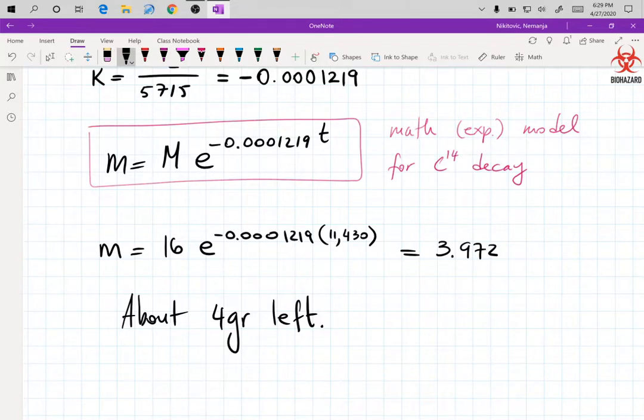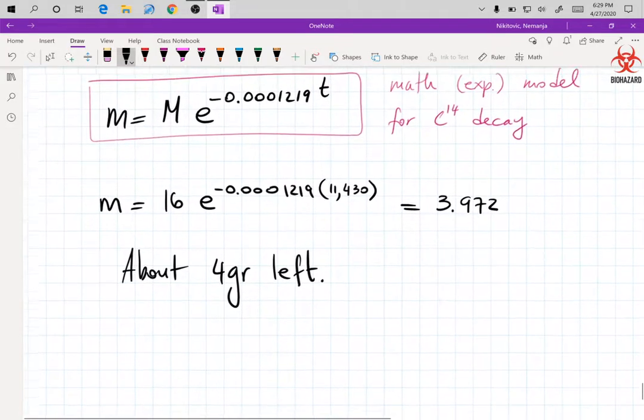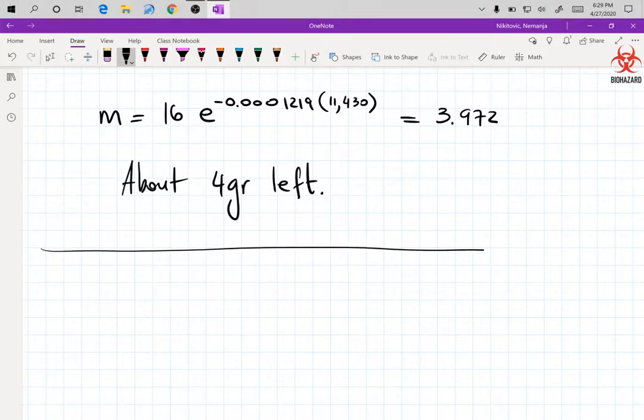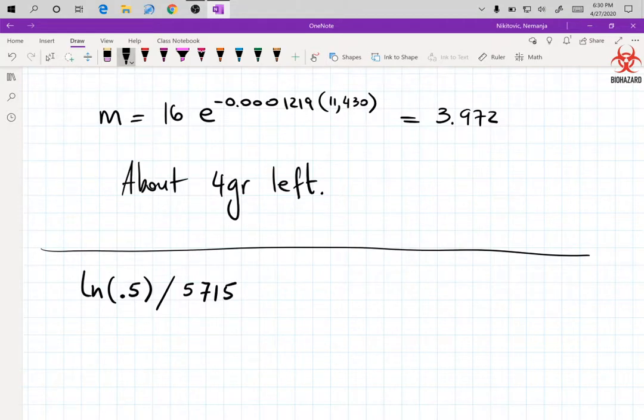All right, so now I noticed that you guys are having issues reading the calculators, the values, and that will significantly impact your ability to operate in this section. When you type in ln of 0.5, because that's your half, close the parenthesis, divide by 5715, this is the way you plug in the formula.